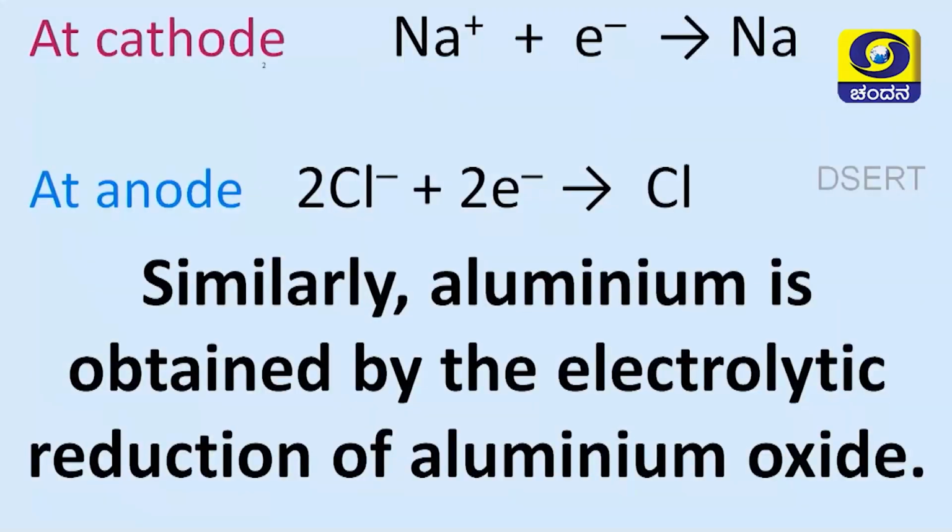At the cathode, sodium ion gains one electron and becomes sodium metal, and at the anode, chloride ions lose electrons: 2Cl⁻ loses 2 electrons to become Cl₂. Similarly, aluminium is also obtained by the electrolytic reduction of aluminium oxide.